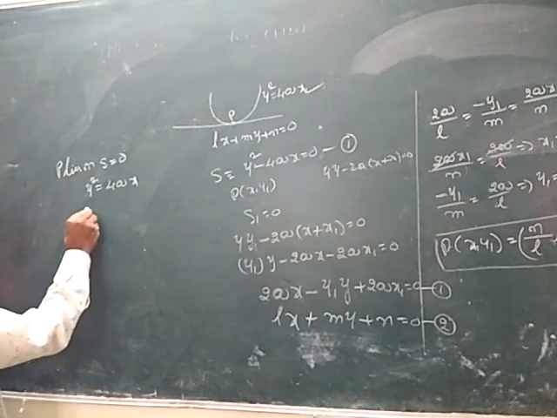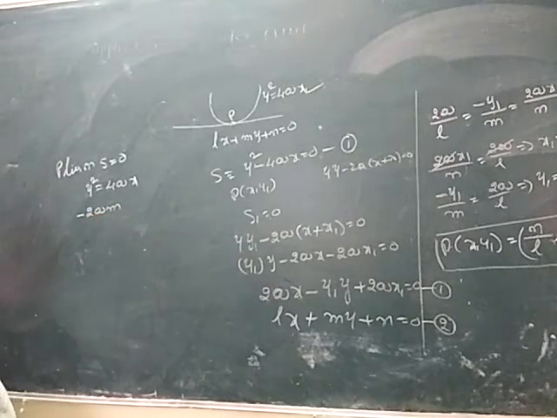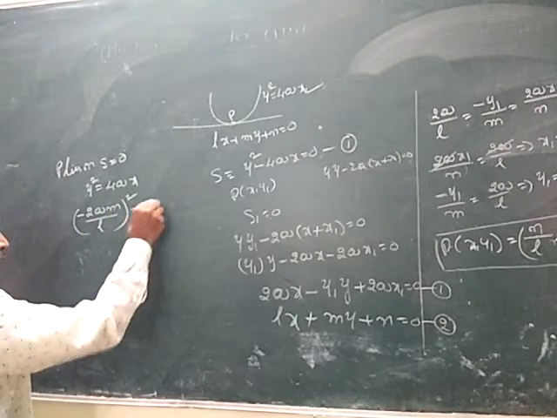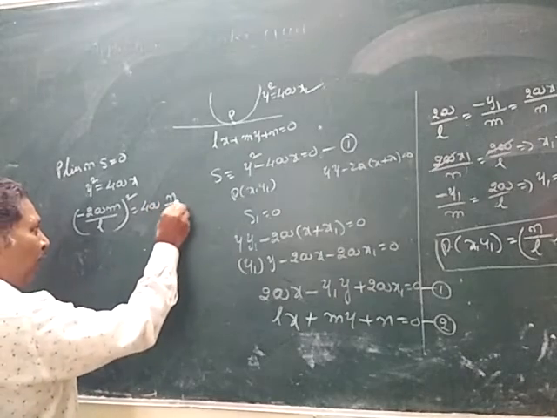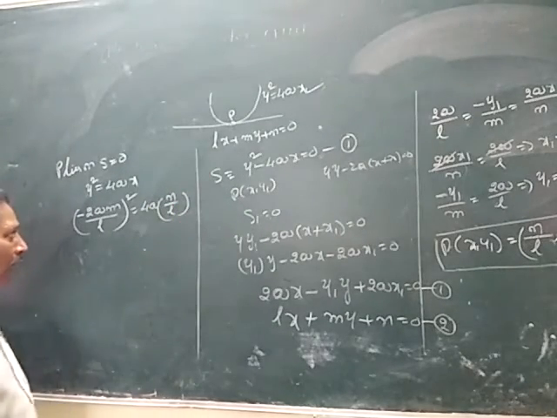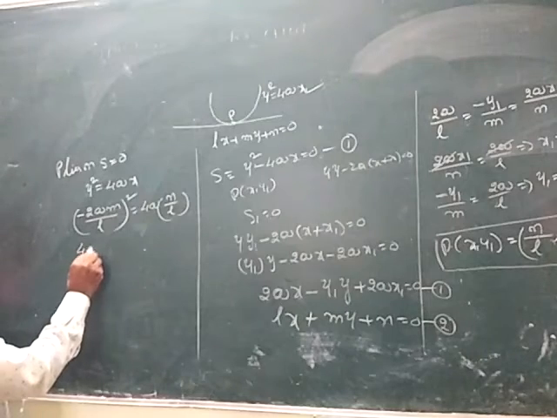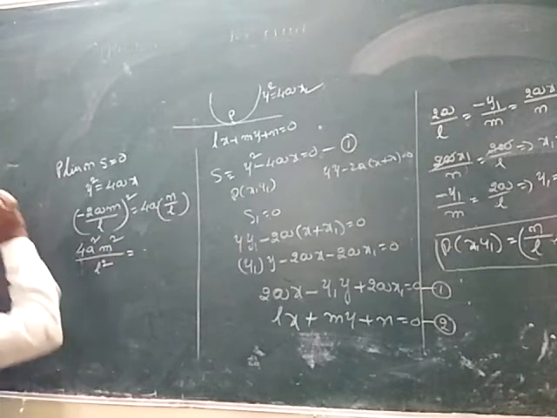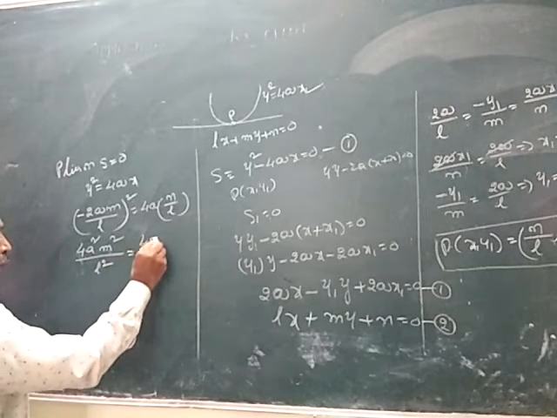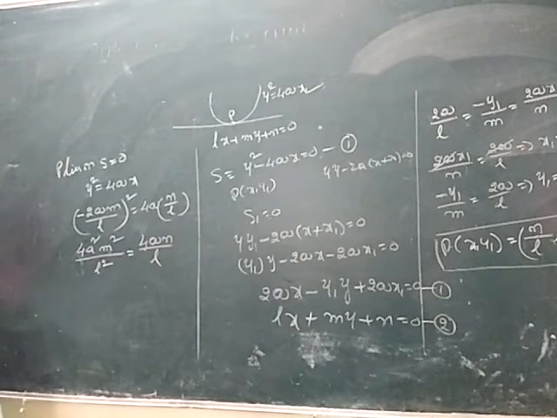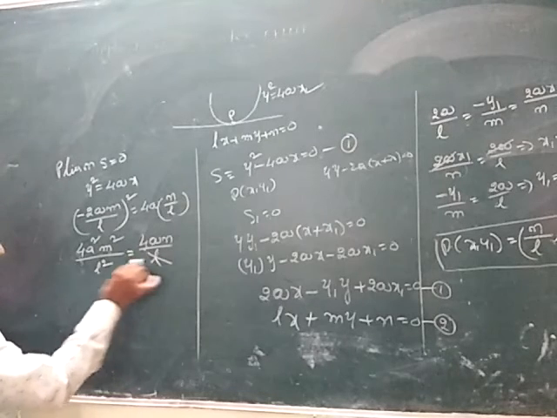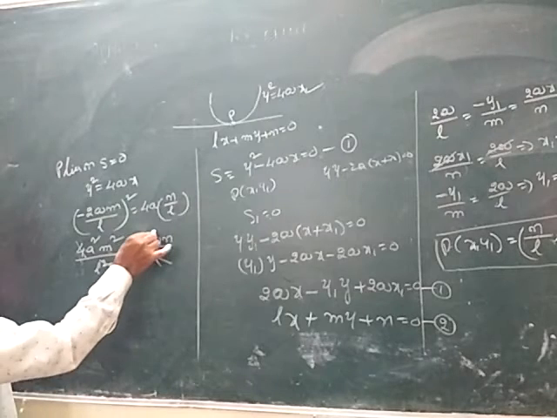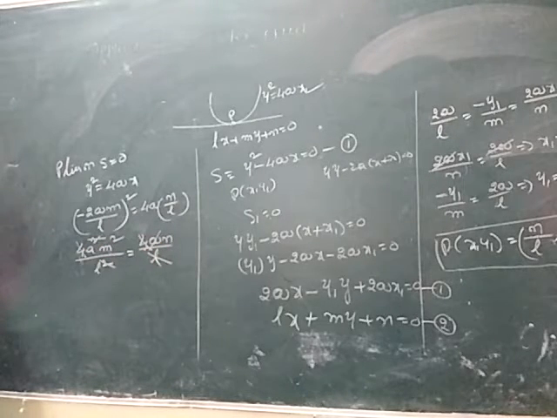Y value, minus 2am by L, whole square, equal to 4a times x value N by L. 4a square m square by L square equal to 4a N by L. L cancel, 4 cancel, a cancel.